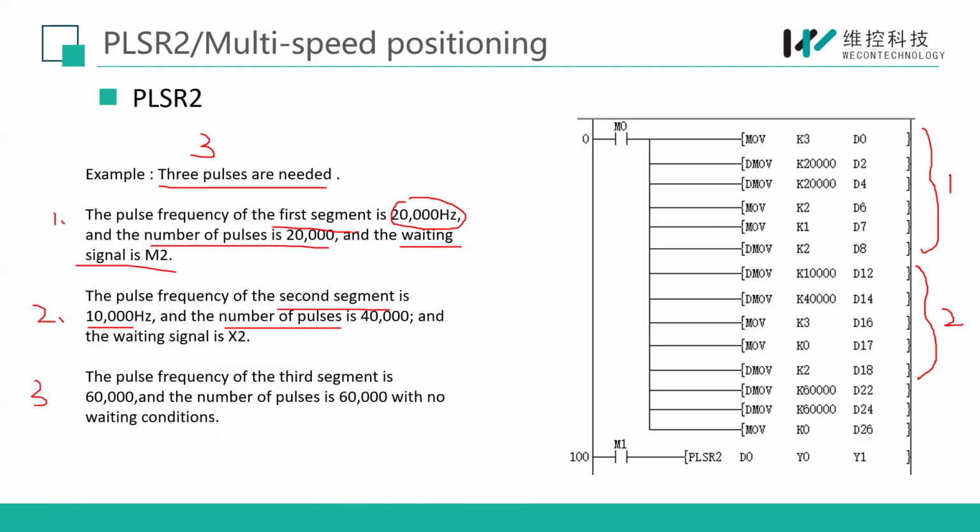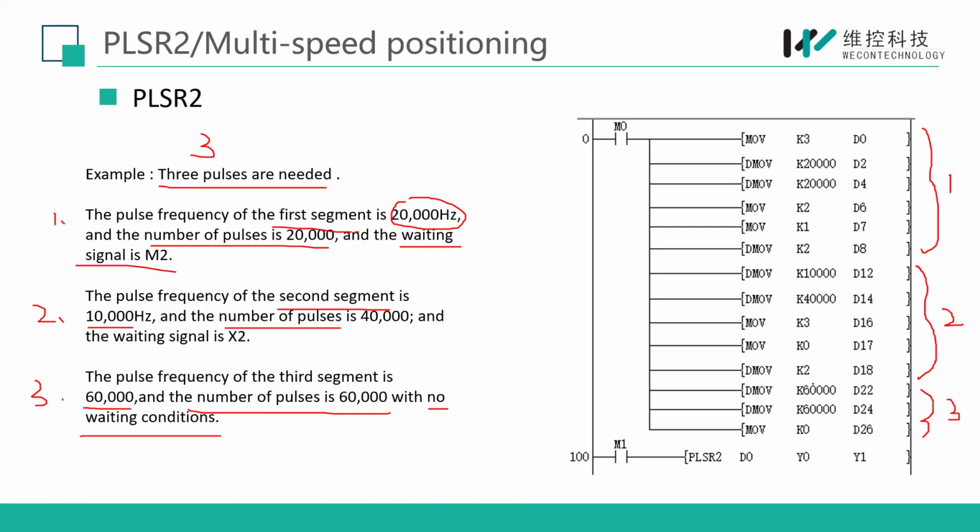And finally, the third, the frequency is 60,000, and the number of pulses is 60,000, with no waiting condition. So this is about the third segment.